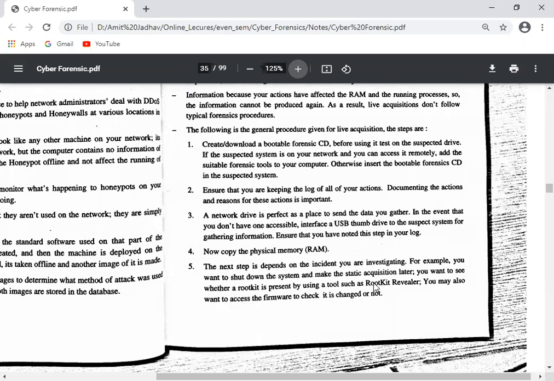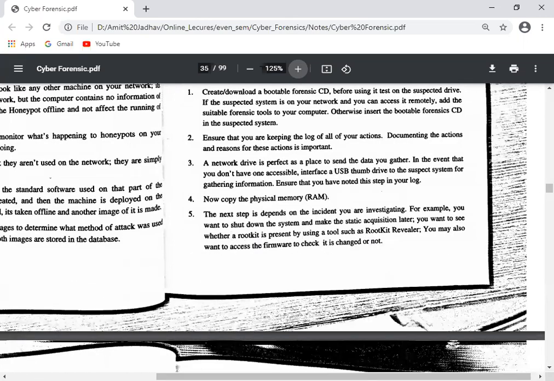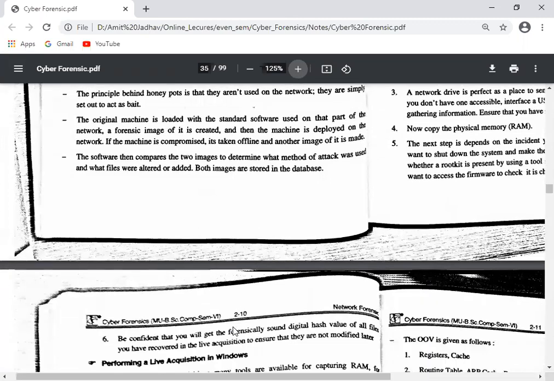After that, we decide which tools we use to perform network forensics. It totally depends on which type of incident happened in the network system. So if we want to look for a rootkit, we use the RootkitRevealer tool. Using that, we can detect a rootkit present in our network system.